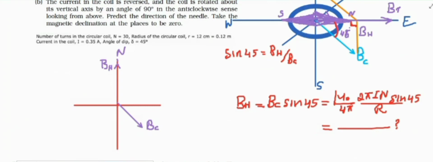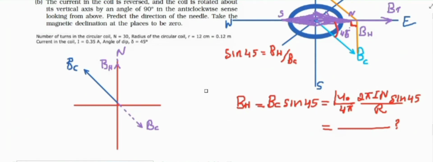Now, BC becomes opposite. So, this will be the value of BC now. When the current is opposite, the magnetic field due to the coil becomes opposite. BC in the opposite direction, so the previous direction of BC we can just change into dotted lines.